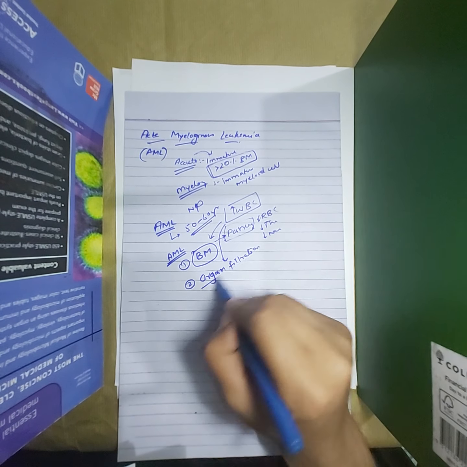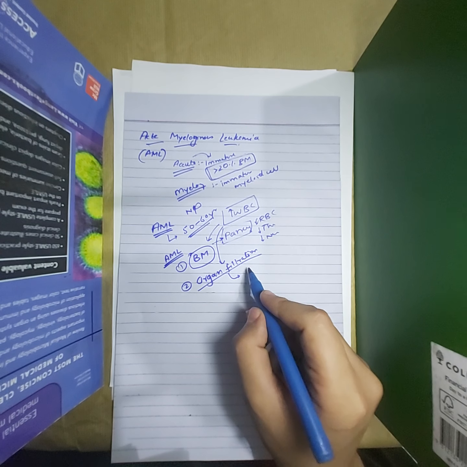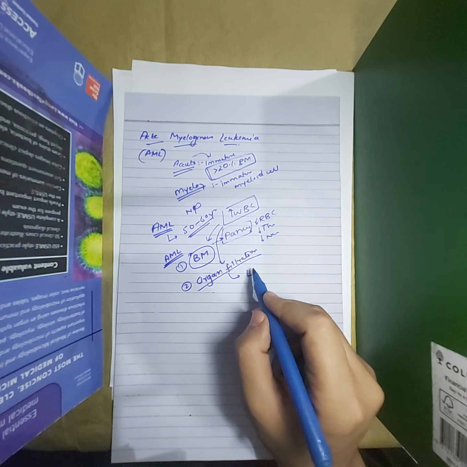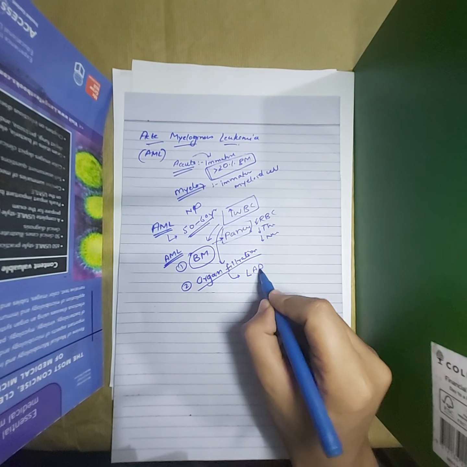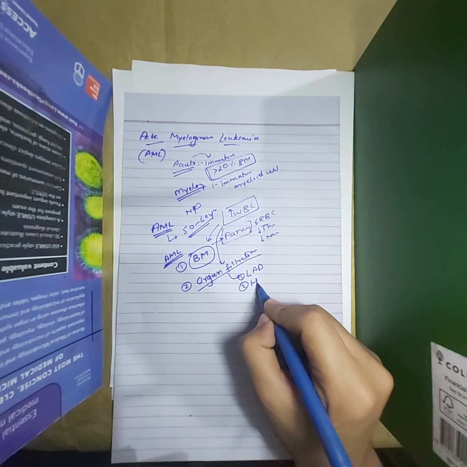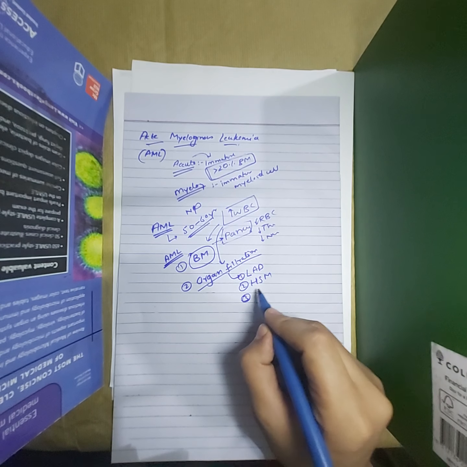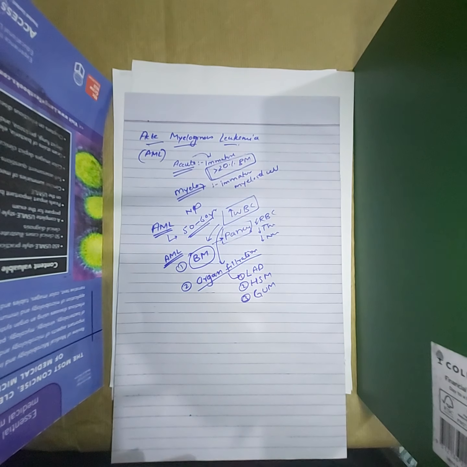If organ infiltration occurs, which organs will the white blood cells reach? Mostly the lymph nodes, and if they enter the lymph nodes they will cause lymphadenopathy. Number two, they will cause hepatosplenomegaly, and number three, they can cause gum bleeding.